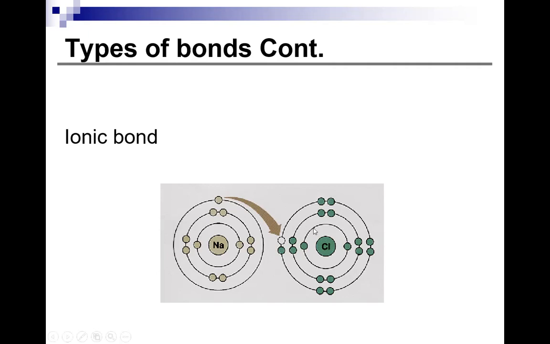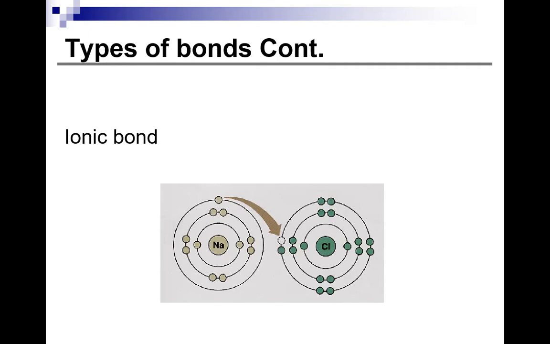If we look at chlorine, its atomic number is 17. So we had 2 in that first shell, 8 here, and then 7 here for our 17. So chlorine is missing 1 electron to achieve that octet, to get a full 8 in its outer shell.